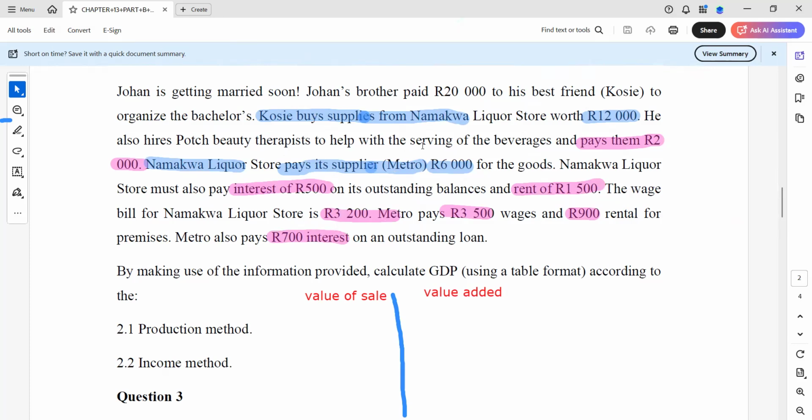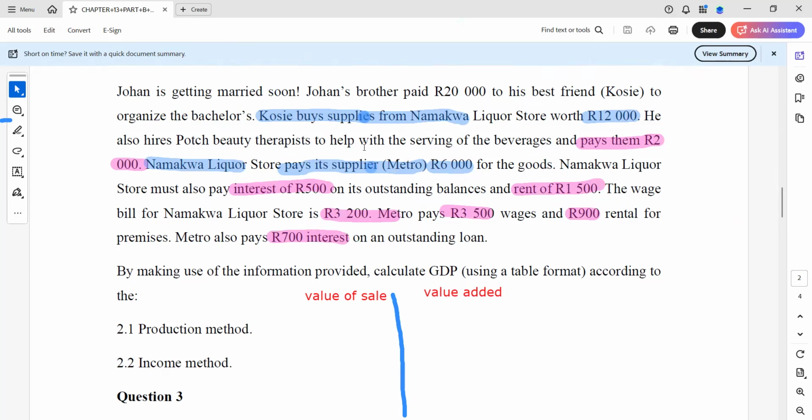So we can't start by recording 12,000 because that is not where the sale began. The sale started when the goods first left the factory, from Metro to Namakwa, which is the shop.